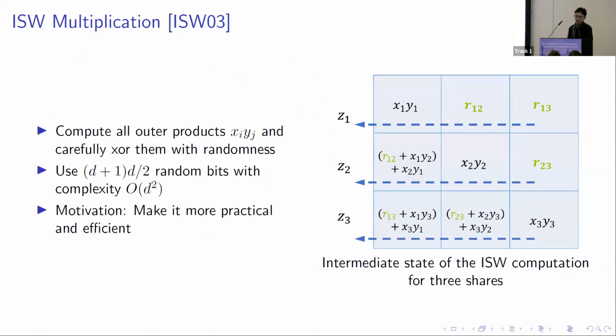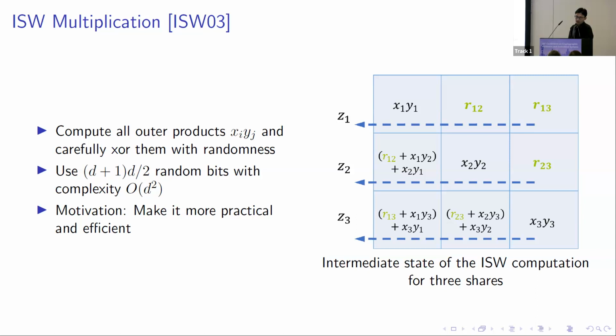To explain the concept of a masking scheme, I will show the classic ISW multiplication, which is a generic approach to secure computation. We want to calculate z equals x times y, and each variable consists of 3 shares.